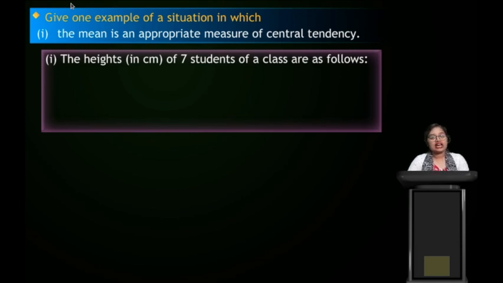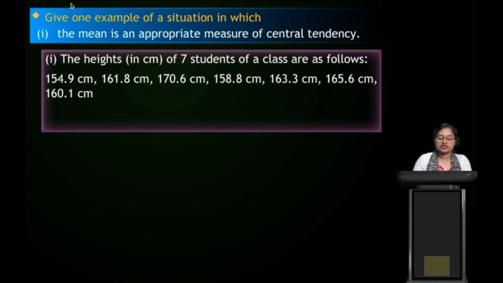So for this I have taken an example of heights of 7 students, as you can see here. So heights in centimeter of 7 students of class are as follows. So these are the heights of 7 students. So here you can see the difference between the data is not much bigger, isn't it? Yes.